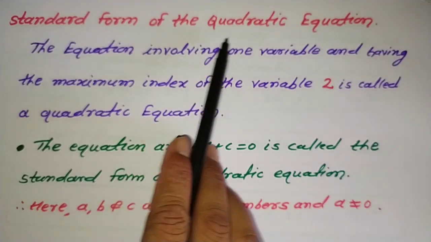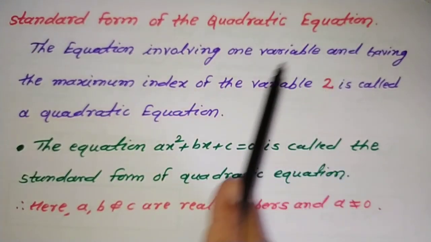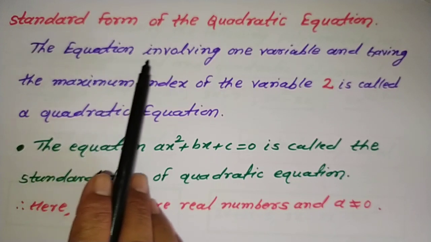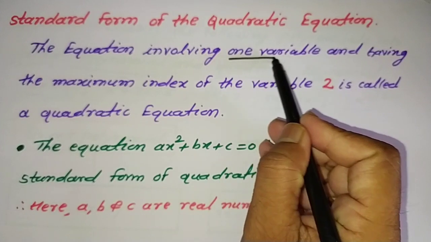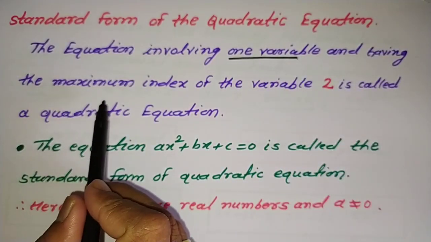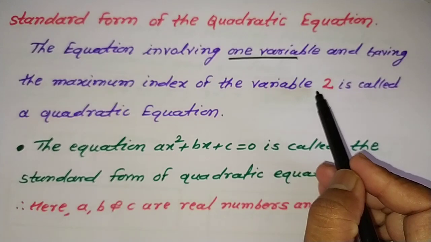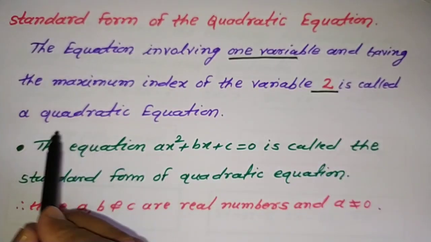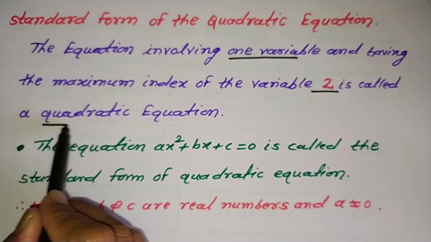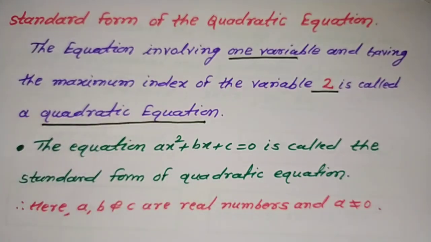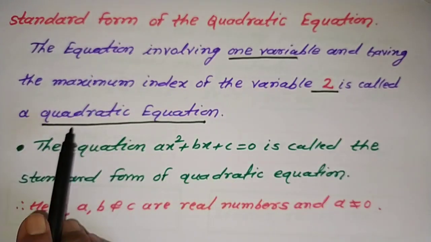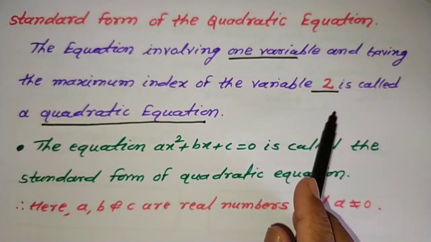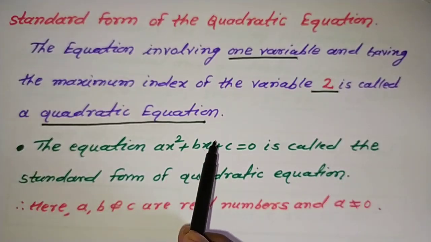Next point, standard form of the quadratic equation. An equation involving one variable and having maximum index of the variable 2 is called a quadratic equation. What is meant by quadratic equation?